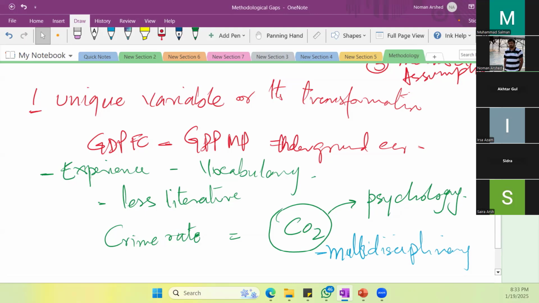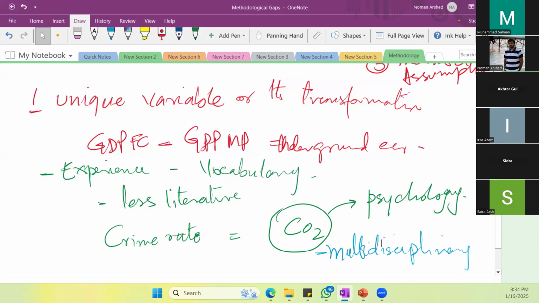But sir, I was told that whenever you are using a variable, you must provide a reference from the literature on why you are using it. So if we use something new, for example, in inflation rate, there are CPI and GDP deflator.